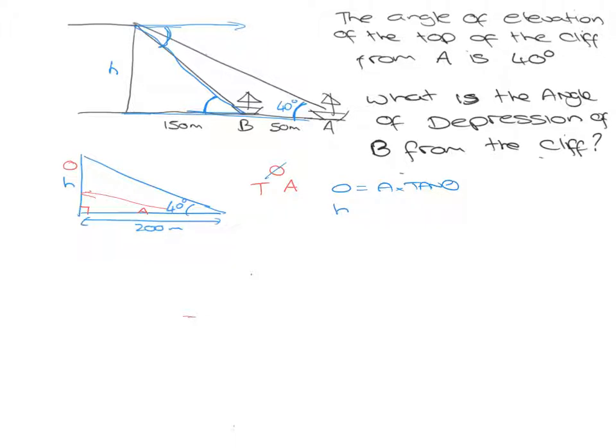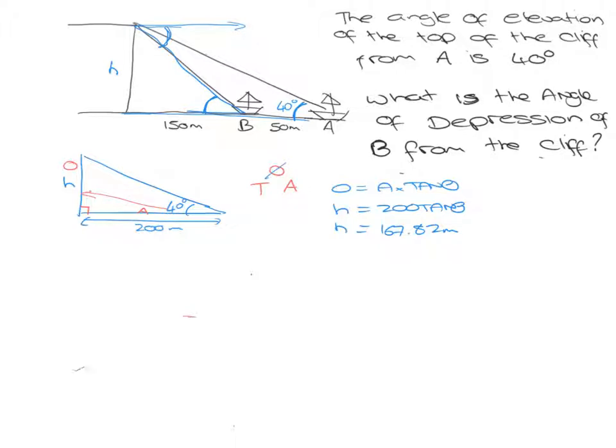So in this case, h equals 200 tan theta. This gives us h is 167.82 meters. Because this wasn't asked specifically, keep it as the unrounded value.